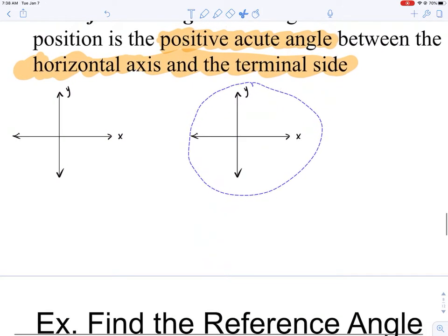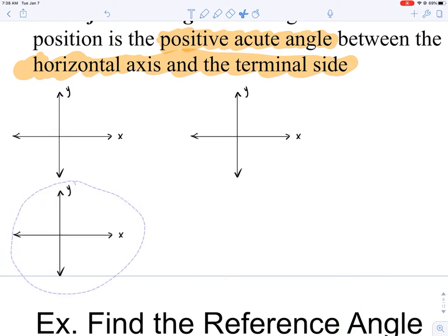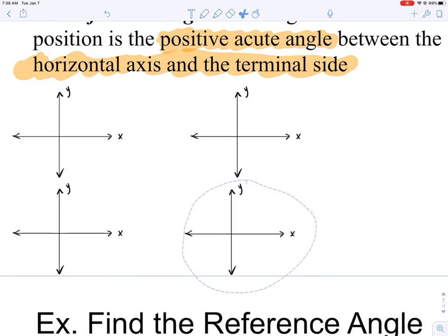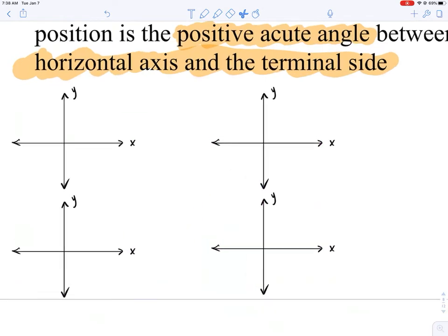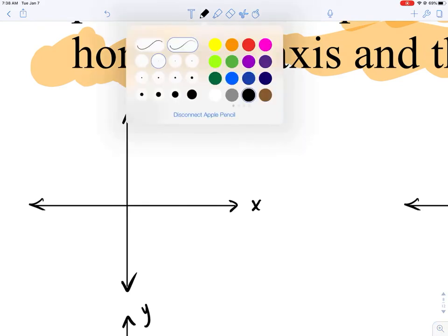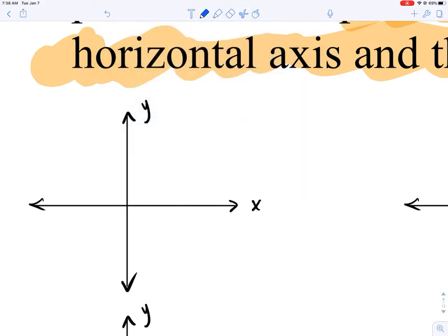So if we have an angle that terminates in quadrant 1, so let's say this is our angle theta, then our reference angle, I'm going to call our reference angle theta ref, is going to be the positive acute angle that's between the horizontal axis and the terminating side.